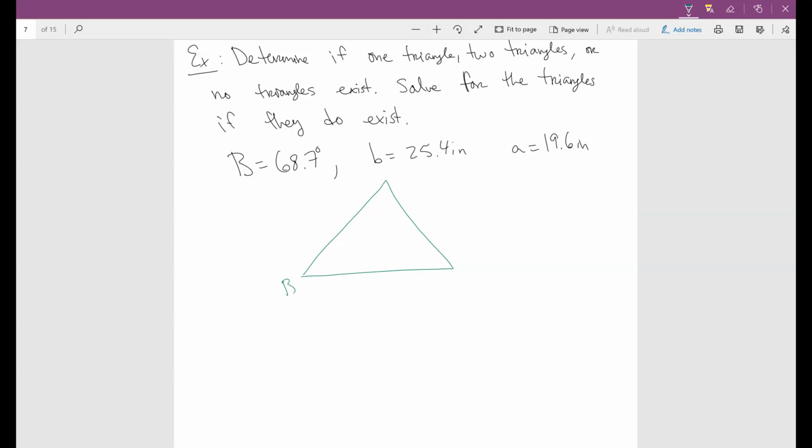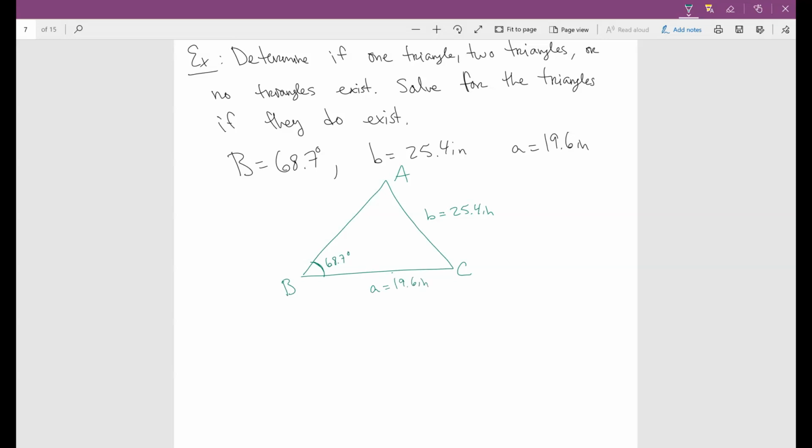This is B, this is going to be A, and this is C. This B is equal to 68.7 degrees, so little b, right across from it, is 25.4 inches. Here is A, so right across from it is little a, which is 19.6 inches.